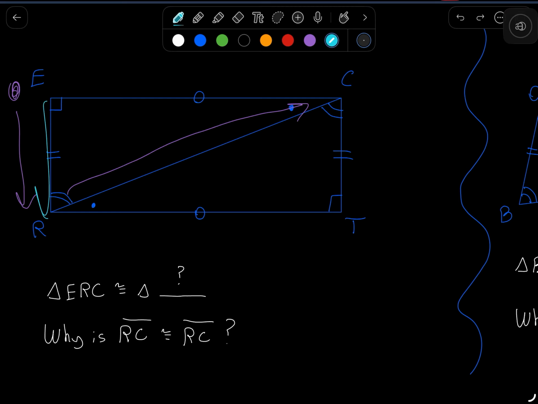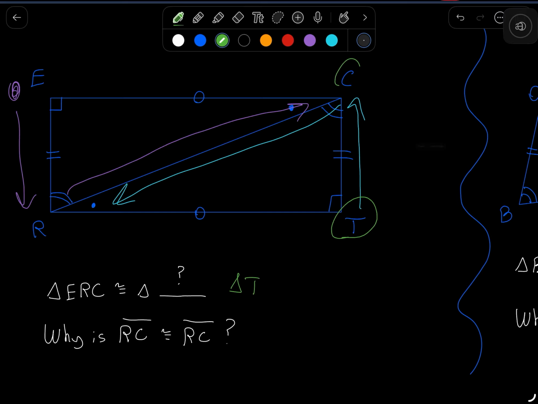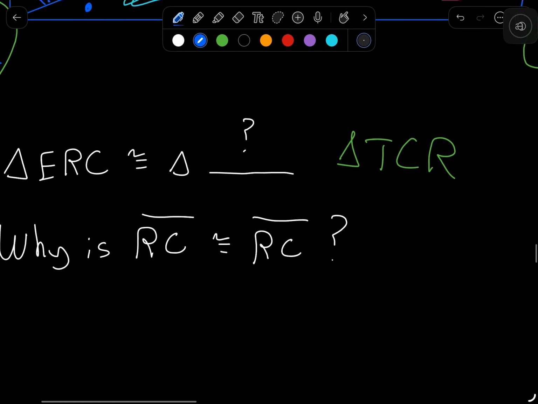You have to go towards angle R, so in this case, we have to go towards angle C, and you're going away from angle R. So now you're going away from angle C. Follow that pattern. So here we have triangle ERC is congruent to triangle TCR. Lastly, why is RC congruent to RC? Well, this is the reflexive property. It's congruent to itself.